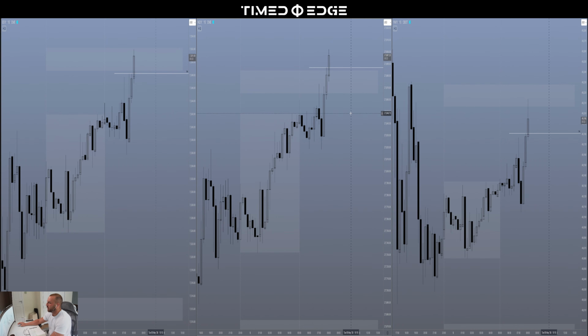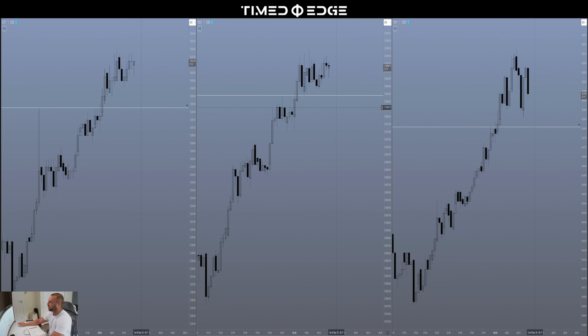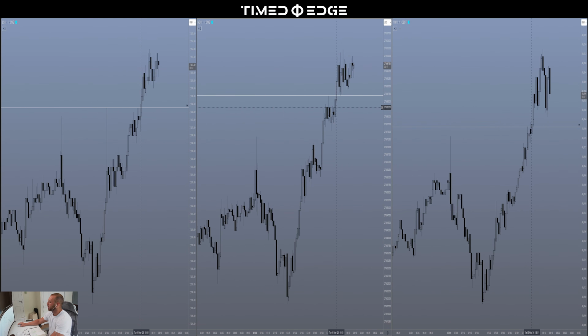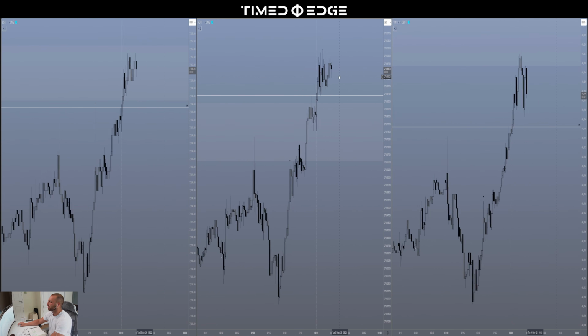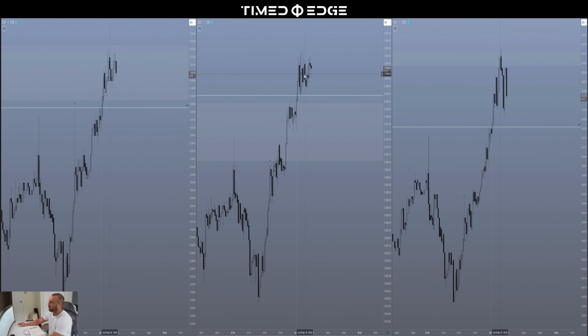On YM it is anyway, and we're going up on NQ. Well, with that much consolidation, we know it's going to break with some volatility. It's going to be volatile when it breaks. That's for sure.